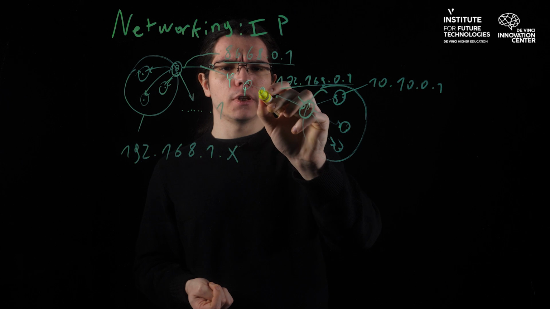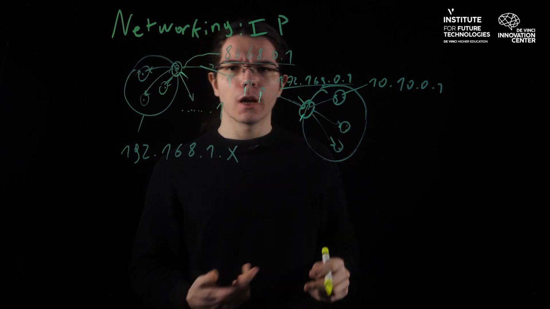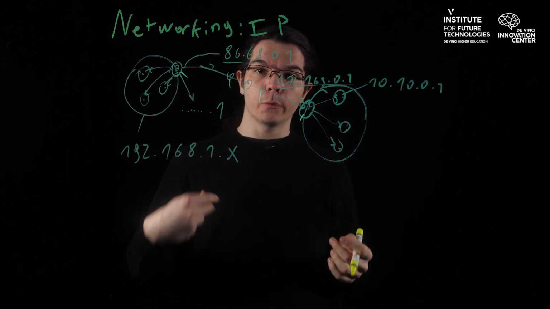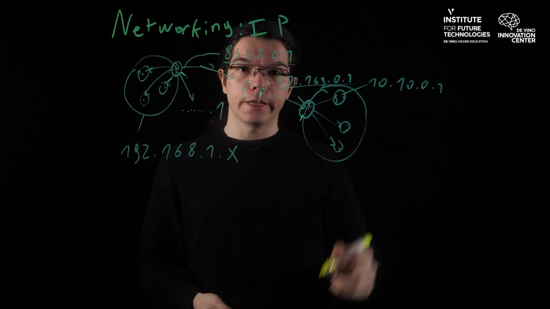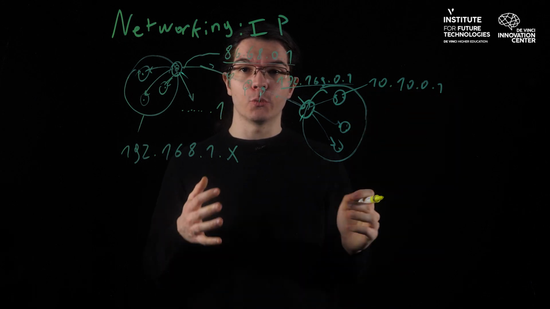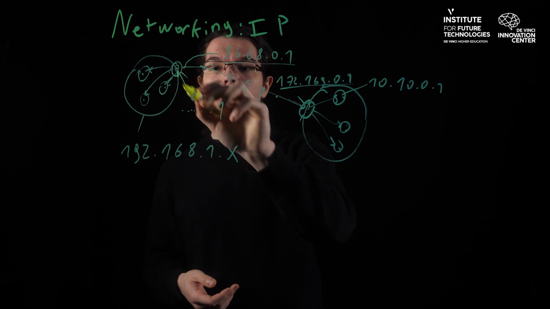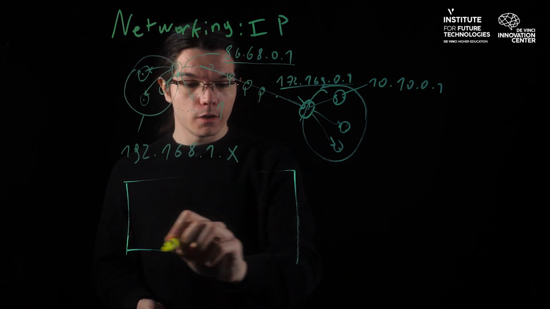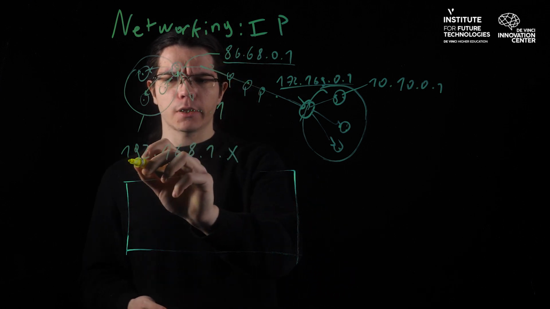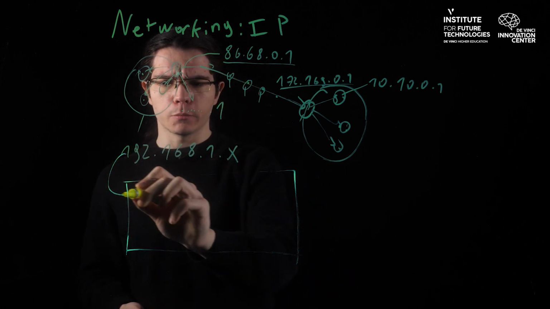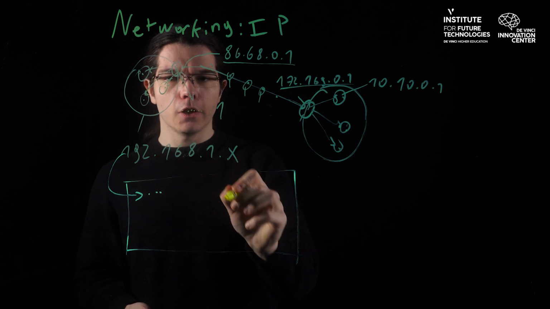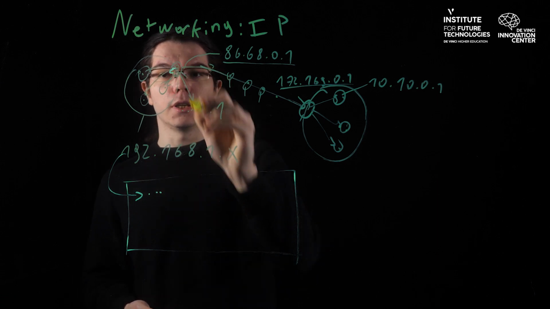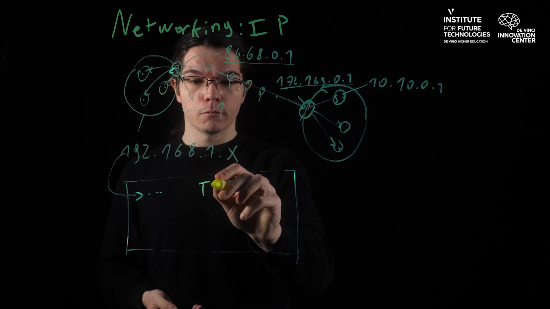And the answer is that each one of these has its own memory of where a request should be sent depending on the IP address, and it is called the routing table. So for example, your home box has in its memory a table which says, well, anything that's 192.168.1.something is going to go through the interface to the home.